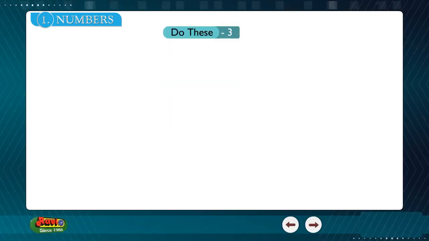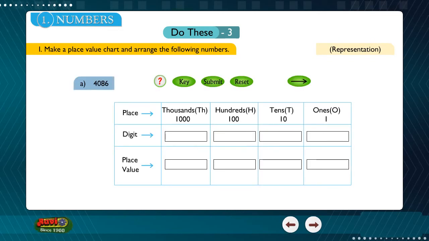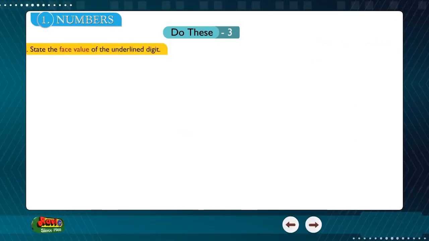Do these 3. 1. Make a place value chart and arrange the following numbers. Representation. Two.